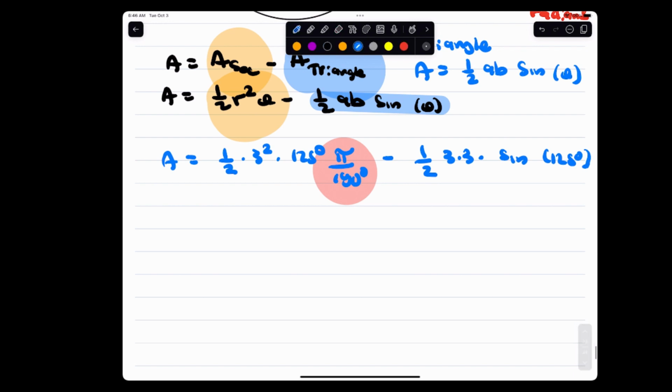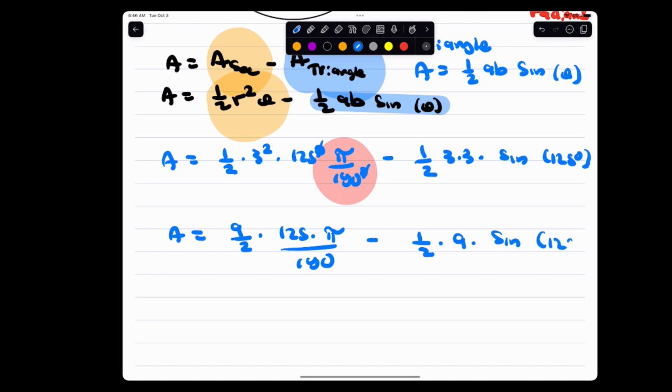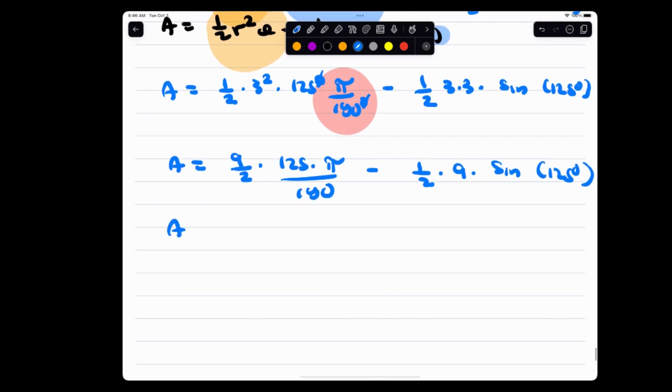So you can simplify with the arithmetic and say, I got 9/2 times 125 times pi over 180 because the degrees cancel, minus 1/2 times 9 sine 125 degrees. Now, we can say 9 times 125. Do you guys happen to know what 9 times 125 is?